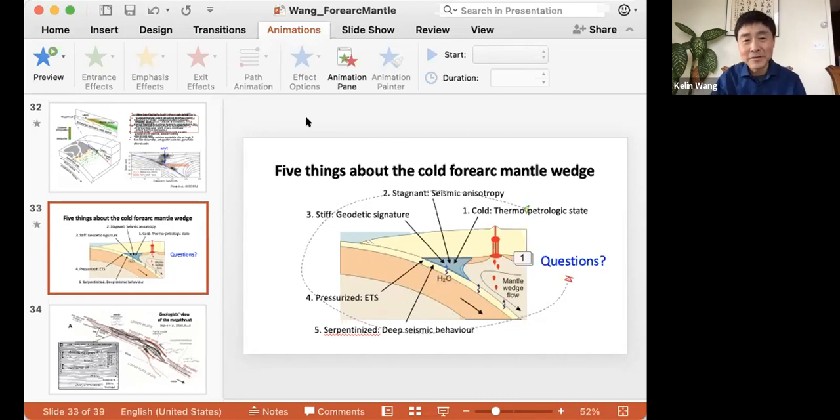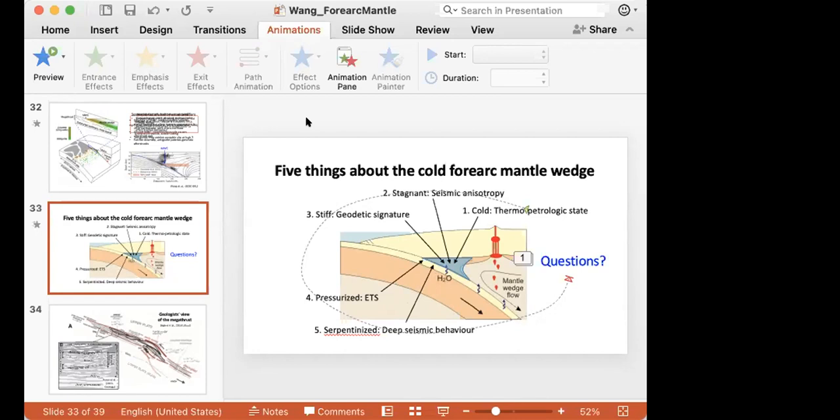Actually, when we first observed ETS, it was kind of surprising because I thought at that time that the mantle should have viscous behavior, but apparently it was cold enough to be elastic, to accumulate enough elastic strain energy to be released episodically in ETS events. So it is elastic. So I think that answers your question. Yeah, thank you. That was great.